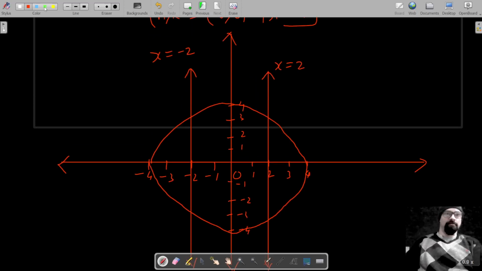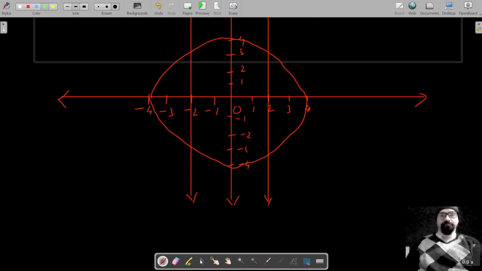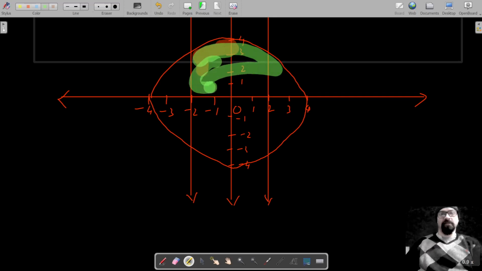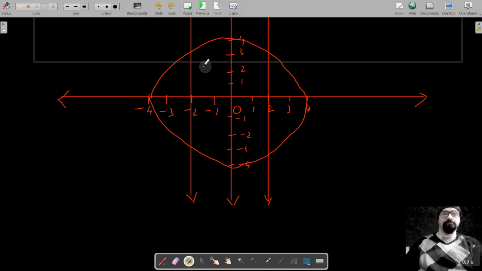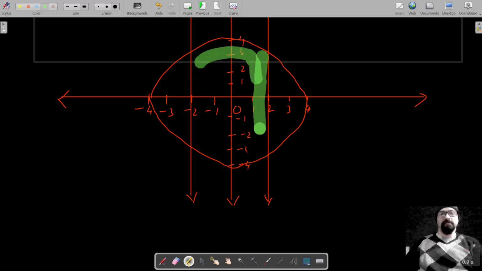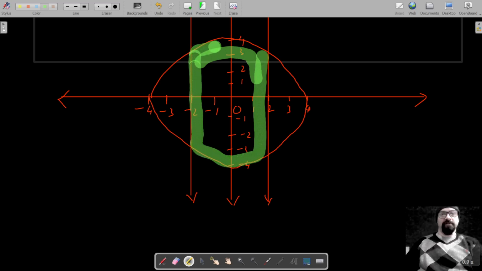Okay, so this is the region. This is our region, sorry, because this is the region for which we have to find the area.